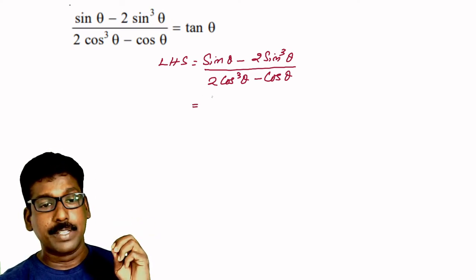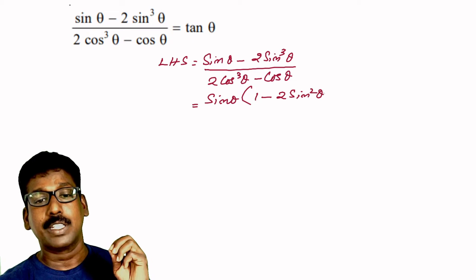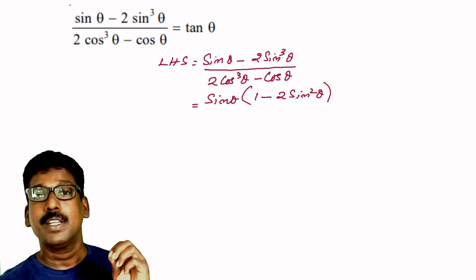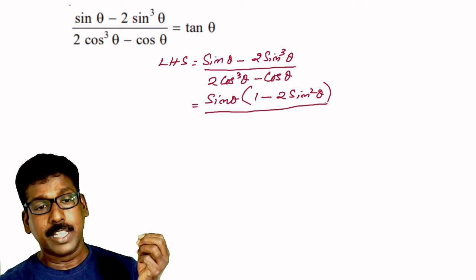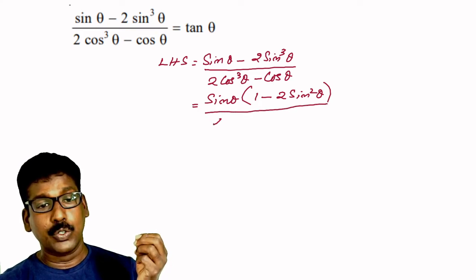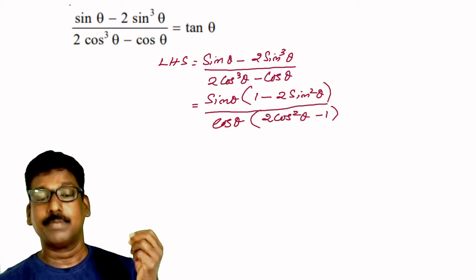Then what will you get? Sin theta, if you take it as common, it is 1 minus 2 sin square theta. Sin cube theta means sin theta into sin square theta. Similarly, in the denominator, there also you can take common cos theta. So it is 2 cos square theta minus 1.